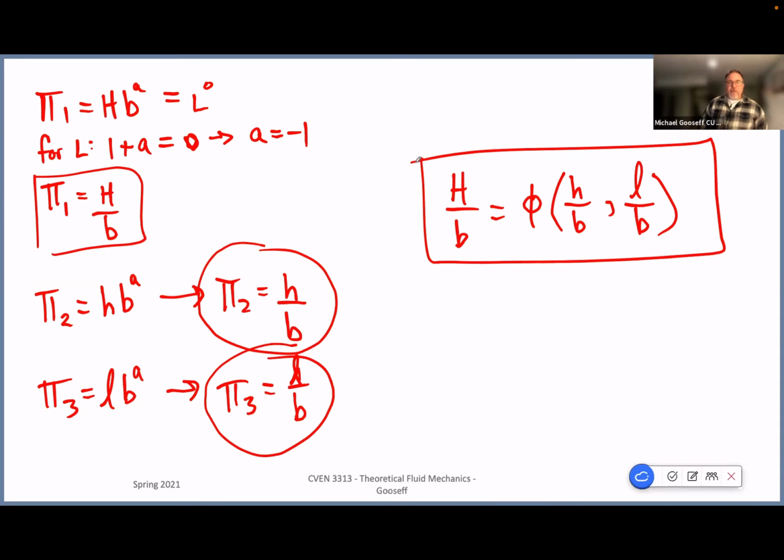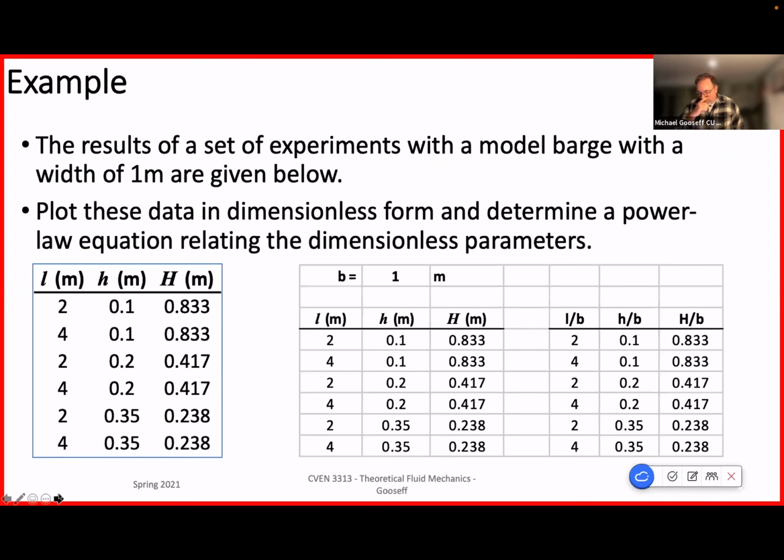Okay, so keep that in mind for just a moment as we now switch gears and say, okay, now let's say that we've got some data, all right? The results of some experiments with a model barge with a width of 1 meter. So B is equal to 1 meter, right?